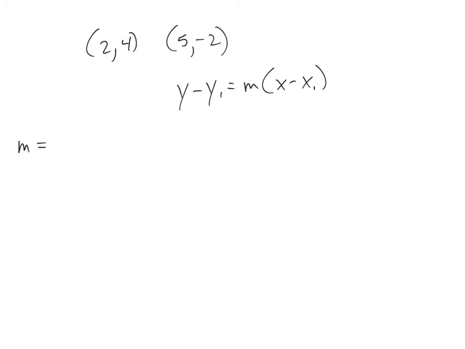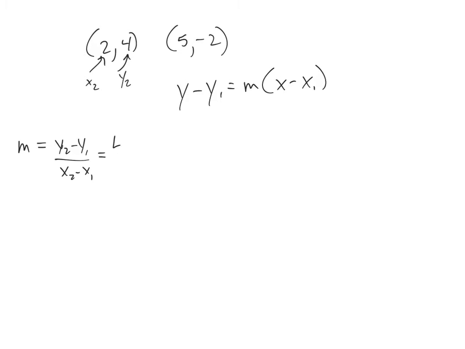So m is equal to the change in y, so y2 minus y1 over x2 minus x1. I'm going to start with this one, so I'm going to make this y2 and this x, therefore this is x2.